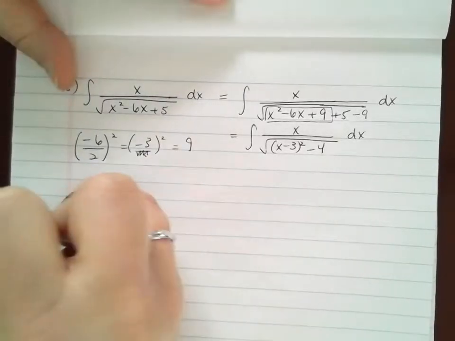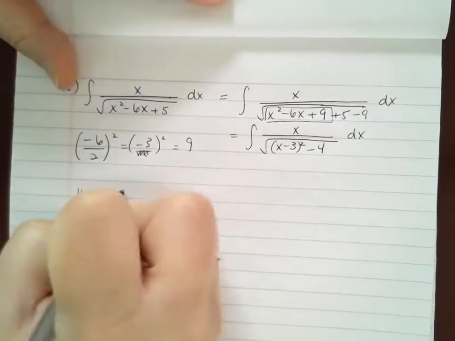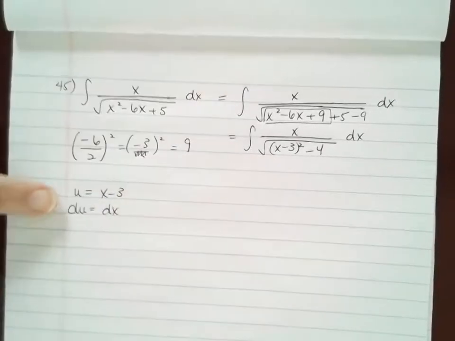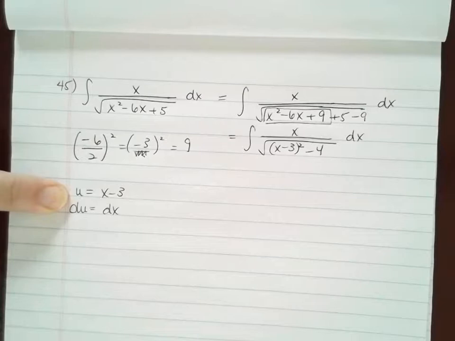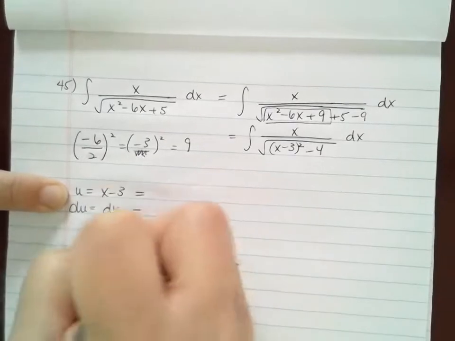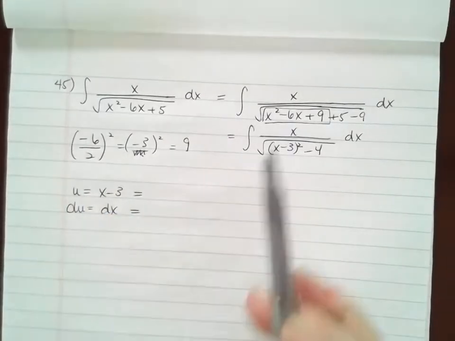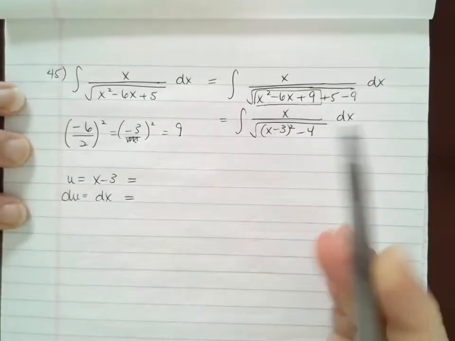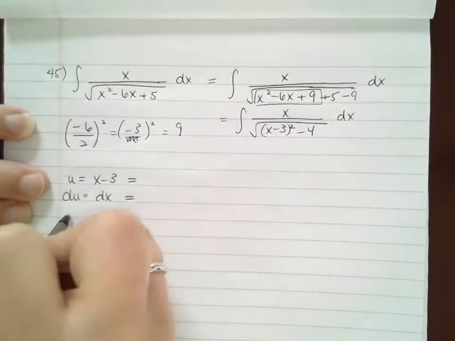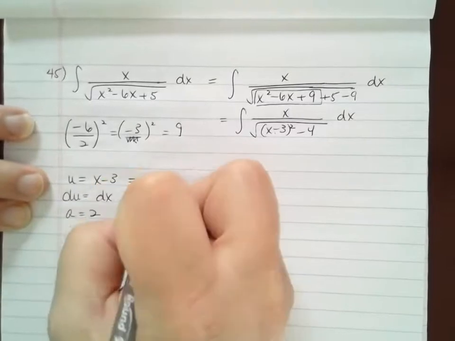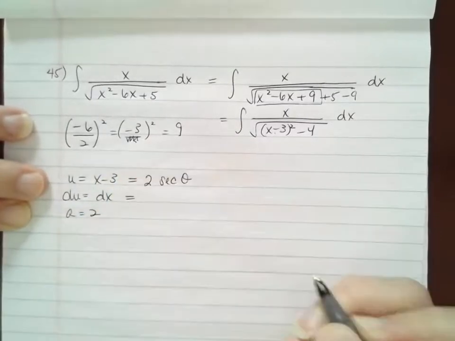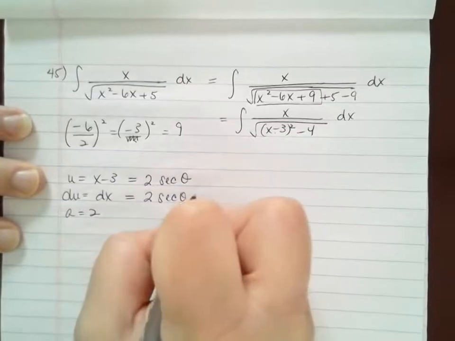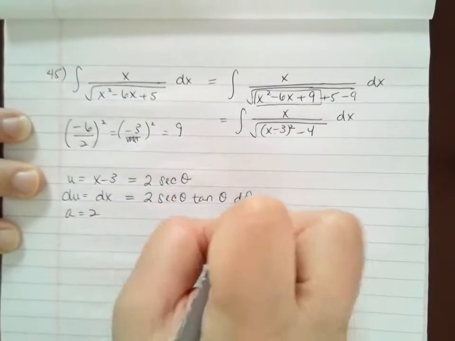Alright, so anyway, u is going to be x minus 3, and du is going to be dx. But because this is trig sub, I have to remember that when my u is written first, it's a secant problem. So this is going to become a secant theta, whose derivative is a secant theta tan theta d theta.